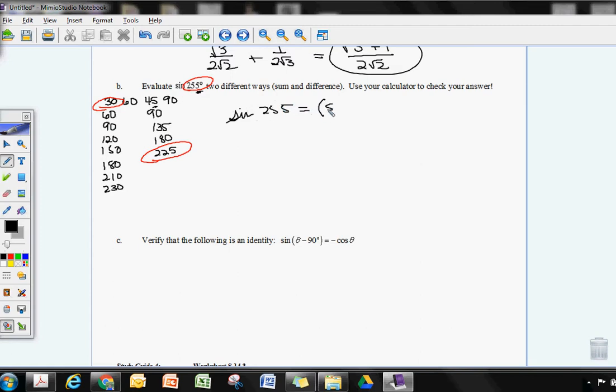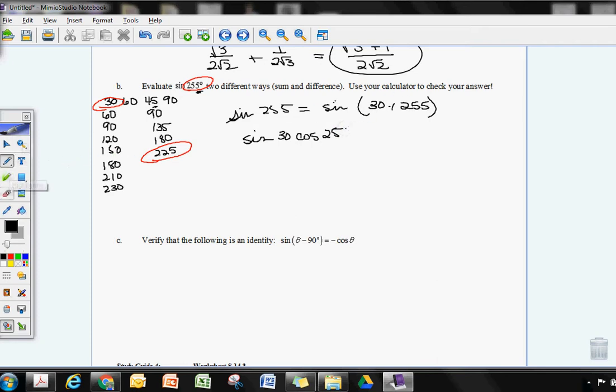equals sine of, oops, didn't mean to put the parenthesis around that. Don't want you to get goofy with that. The sine of 30 plus 255. Okay, so with that, we're going to do the sine of 30, the cosine of 255. I'm sorry, 225.